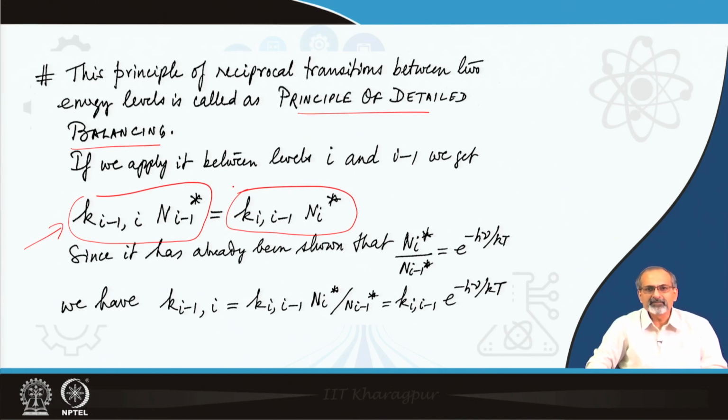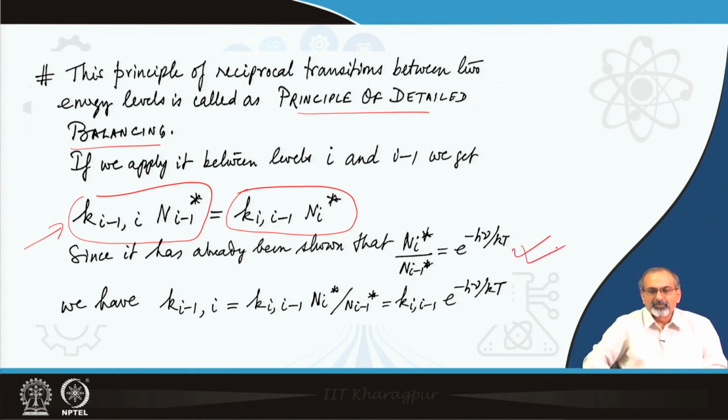This is precisely the mathematical form for the logic that we just discussed verbally, that an equal number of particles are being exchanged between two neighboring energy levels, so that the overall population distribution does not see a change.